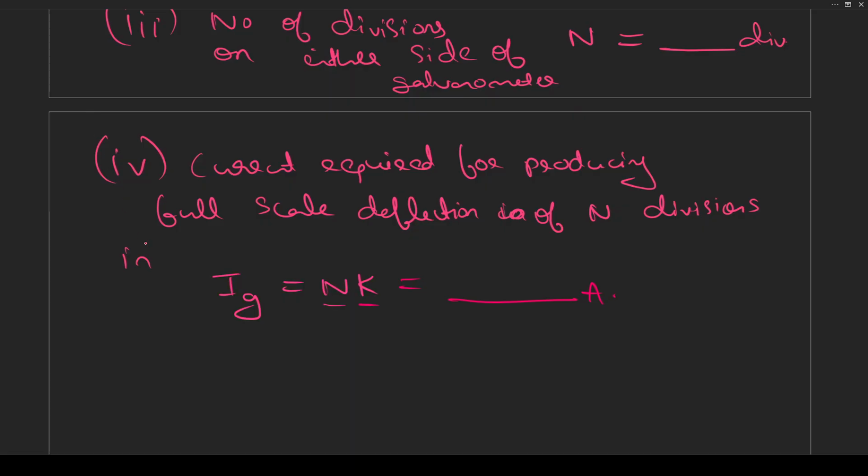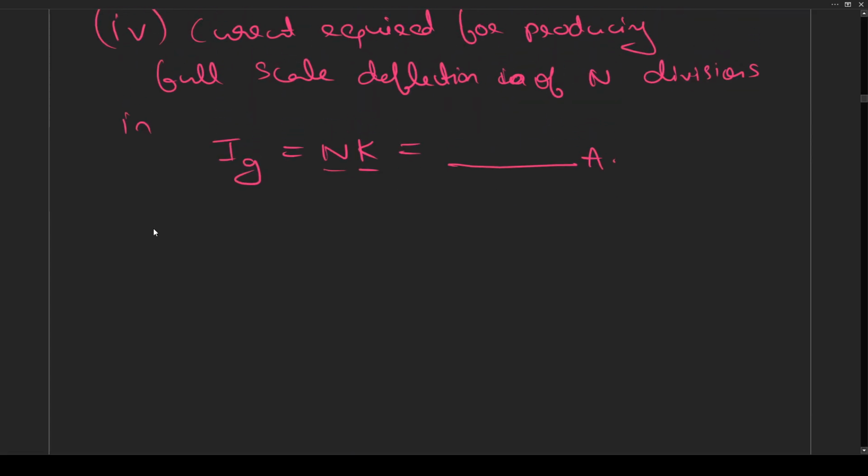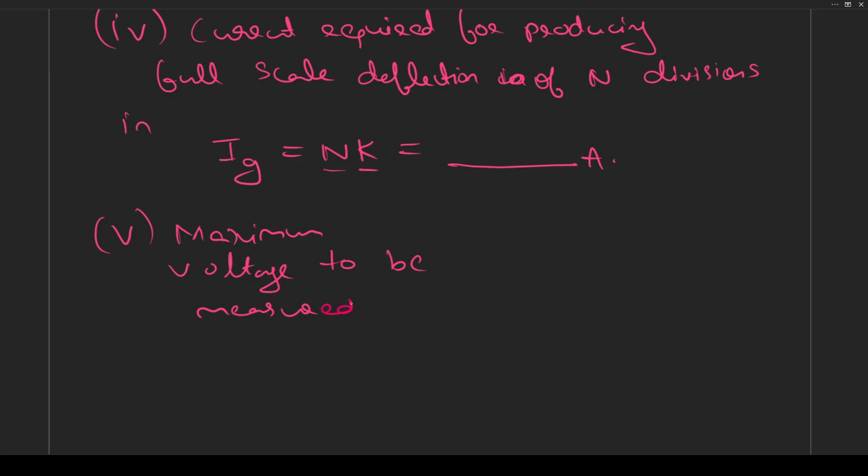And next we need a fixed voltage. For example, if we want the maximum measurement in our galvanometer to be 2 volts, then we should take that maximum voltage to be measured, which is V. We can take it as 2, 3, or whatever it might be.